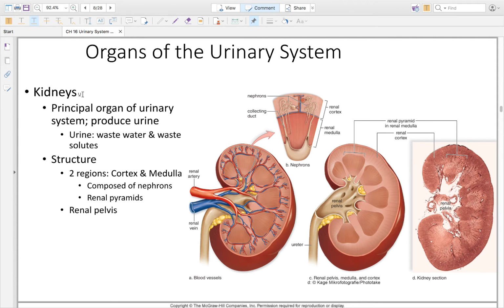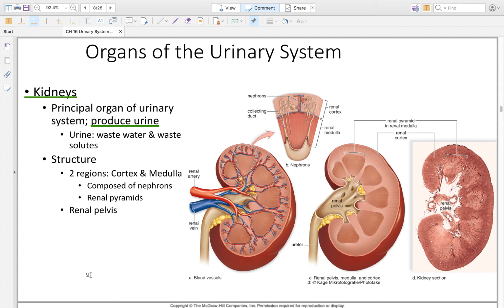What it does is it makes urine. That's its job. Now what exactly is urine? We're going to see closely, but technically it's waste. It's waste water and waste solutes. So it's water plus solutes.